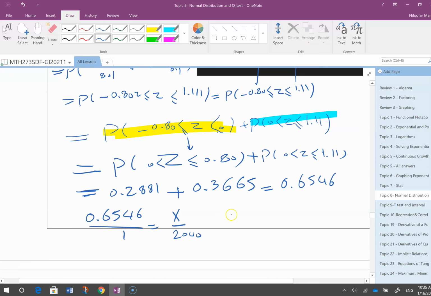Okay, so x is 1309.2. So 1309 students are taller than 169.5 and shorter than 185 centimeters, I have to say.